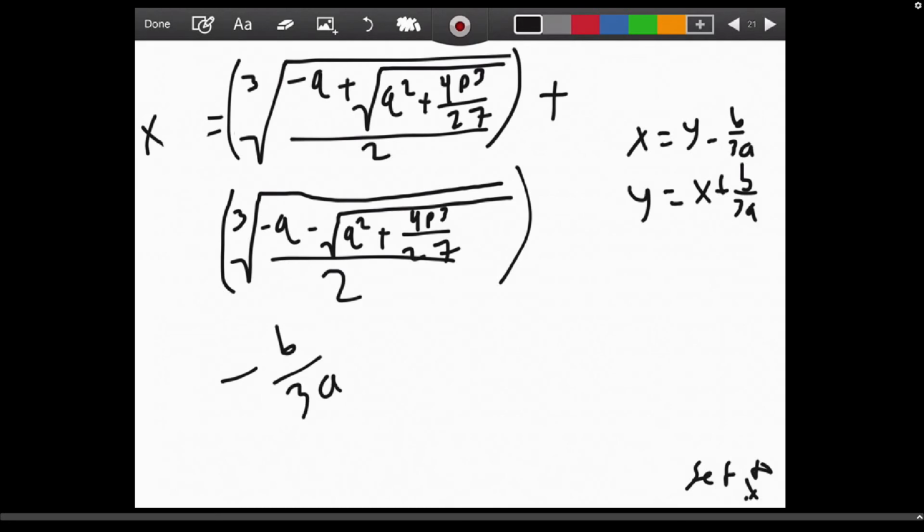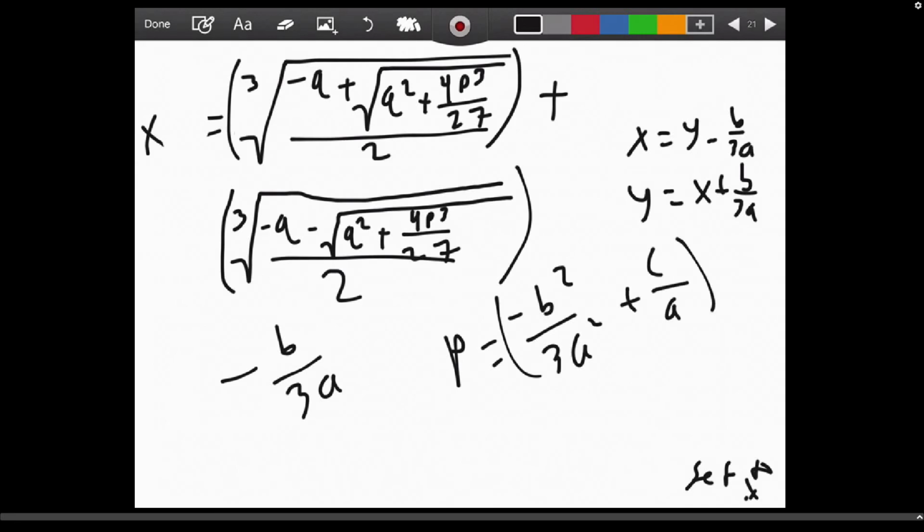The only thing left to do is to substitute the q and the p back in, and then we will have our final answer. So if you remember all the way back, I'm just going to write it down before we finish here. P is equal to negative b squared over 3a squared plus c over a.